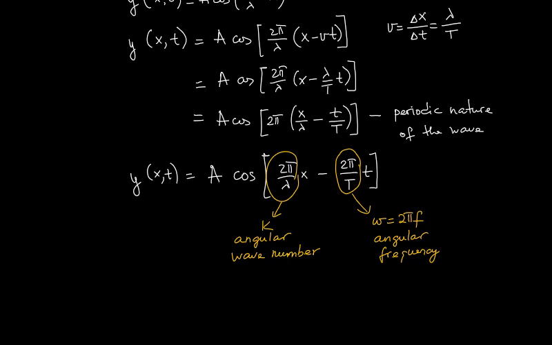Finally I can represent the new form of the wave function: y(x,t) equals A cosine of (kx minus omega t). So this is a more convenient way of representing the sinusoidal wave.